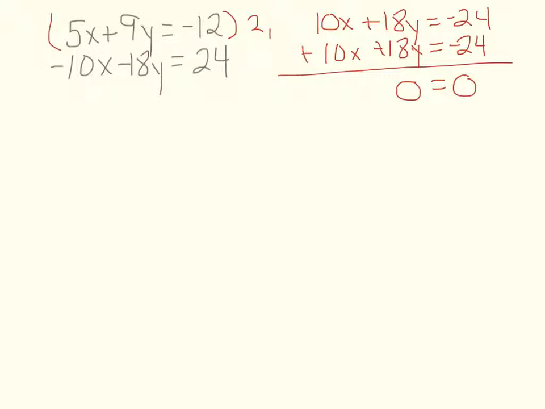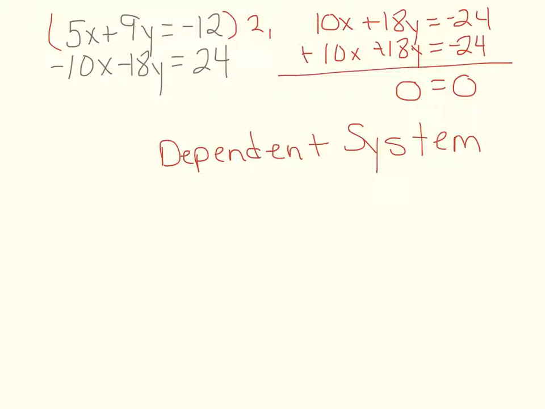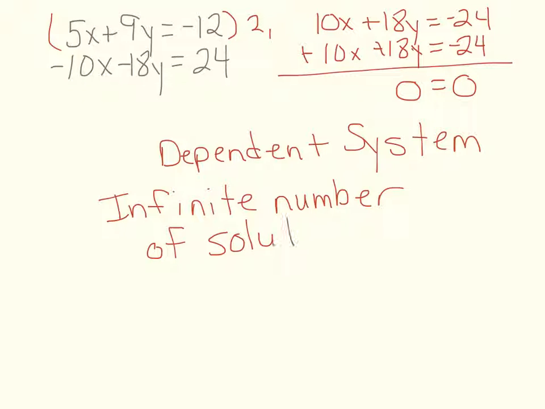So that is a dependent system, and it's an infinite number of solutions. Remember, every point on that line would be a solution. It's not all real numbers though, because there's a lot of points still not on the line. But we can't list all of them, so we just say it's an infinite number.